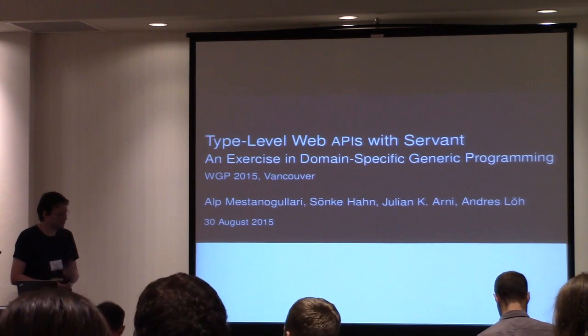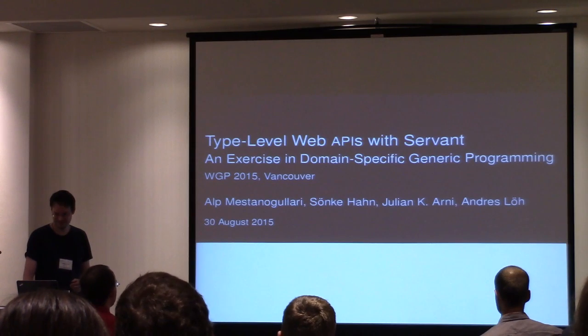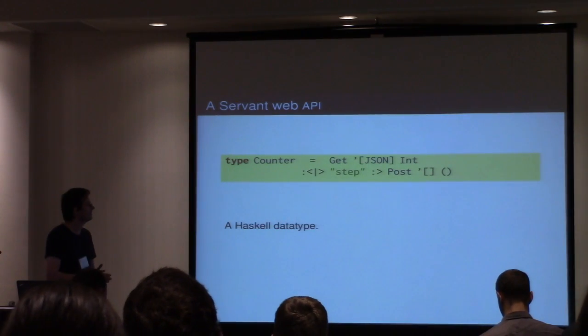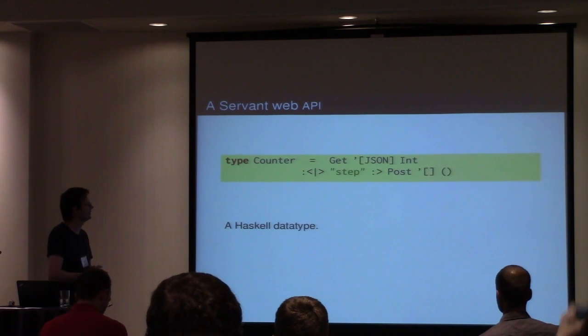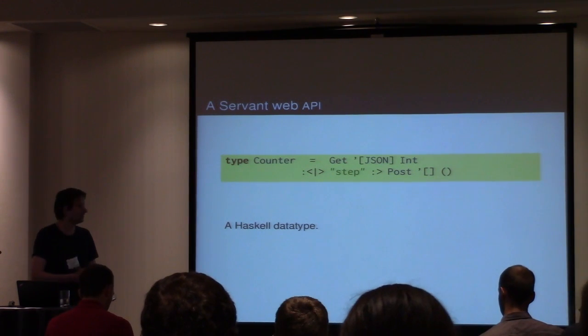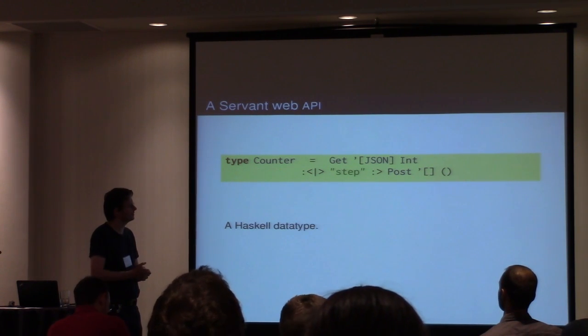So Servant is a Haskell type-level DSL for describing web APIs, and let's start with an example of how that looks. Here is an example web API that you can write down using Servant. It's a Haskell type synonym definition.